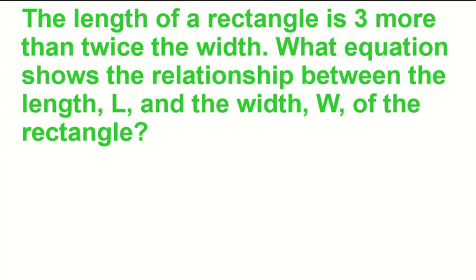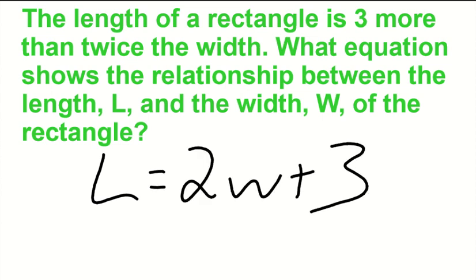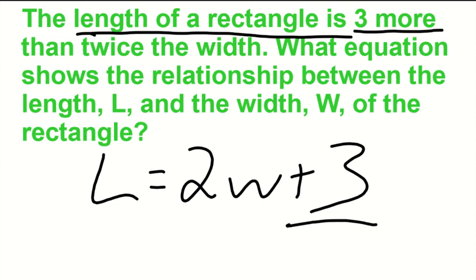Alea? All right, it says the length is, so that's how we get the L equals. 3 more, that's the plus 3. Twice the width is 2W. So 3 more than twice the width means you've got 2W plus 3. Okay?